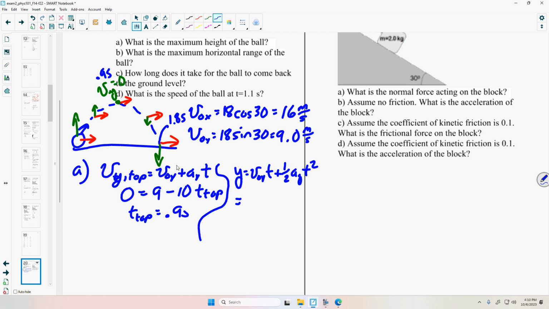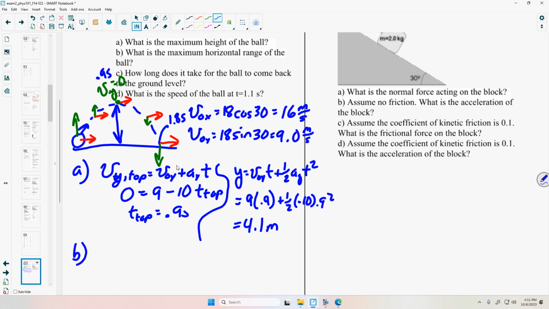So that's going to equal 9 times 0.9 plus 1/2 of negative 10 times 0.9 squared. We get 4.1. That's this height. It's 4.1 meters. All right, so that is A.